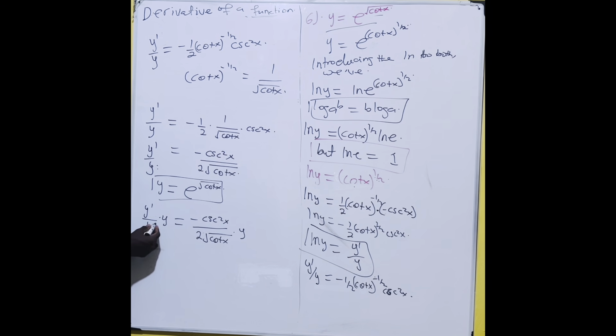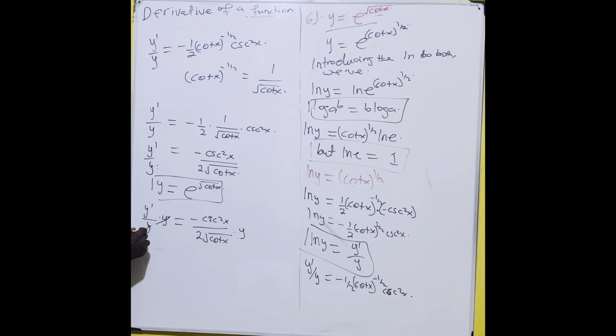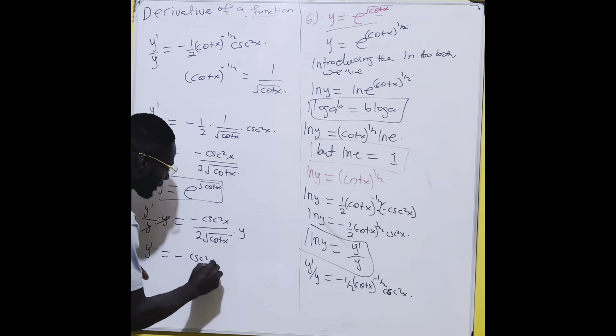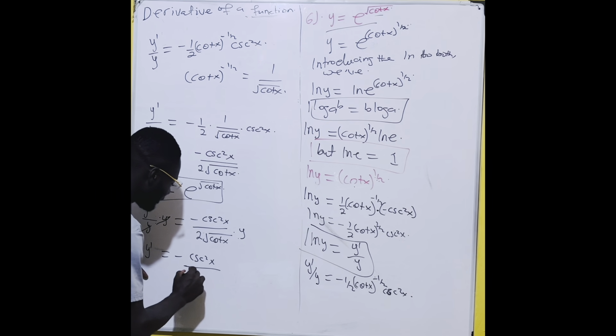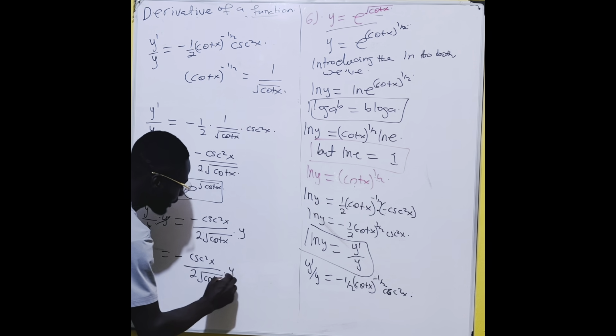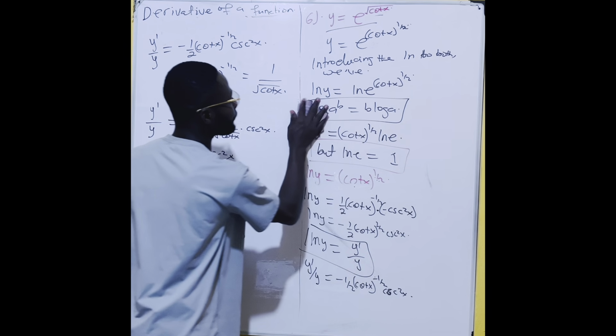Because we multiplied here by y, we have to also multiply here by y. So this takes off this. Then we have y prime equals negative cosec squared x divided by 2 square root of cot x times y, right?